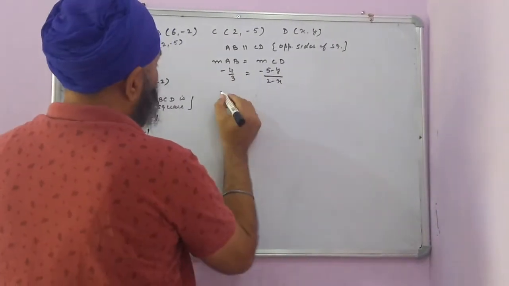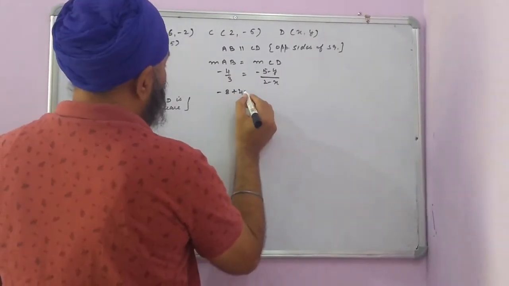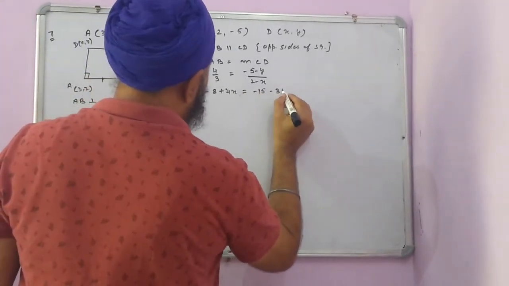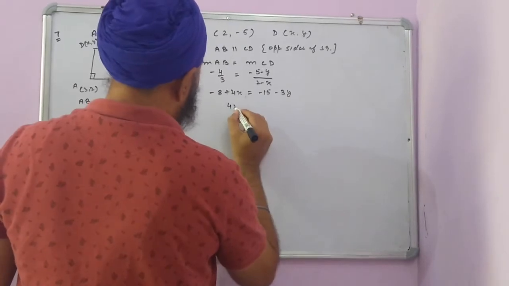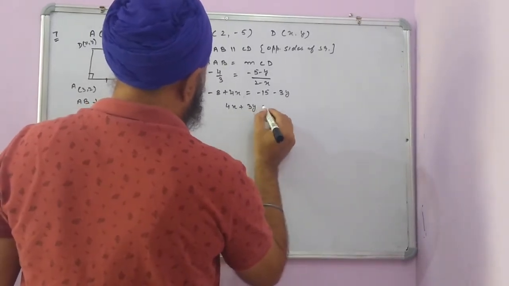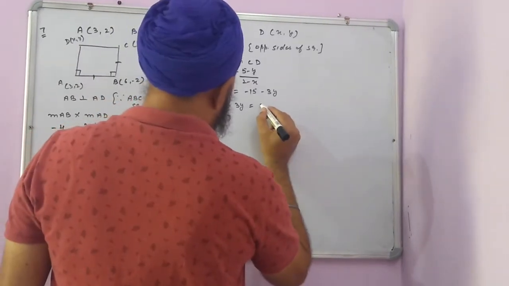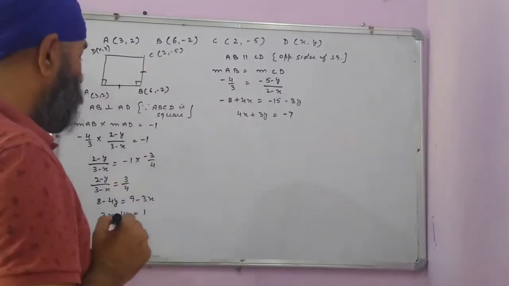We cross multiply: minus 8 plus 4x is equal to minus 15 minus 3y, so 4x plus 3y is equal to minus 7.